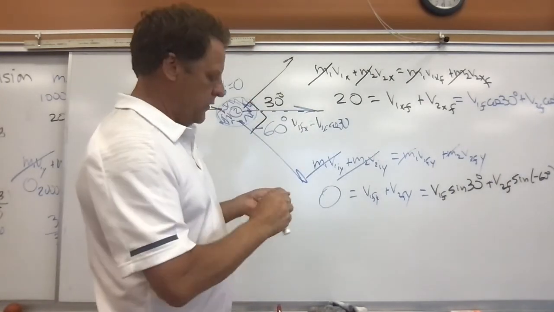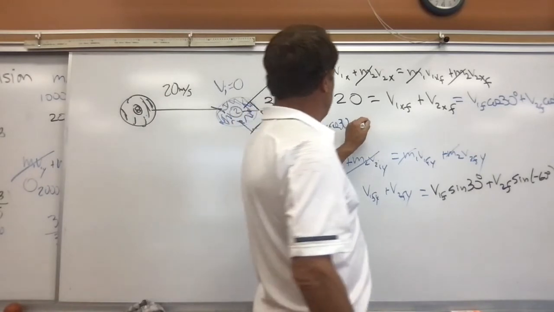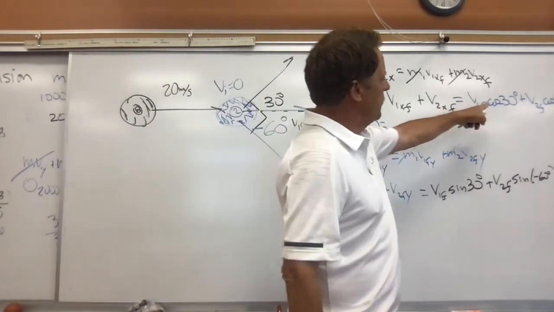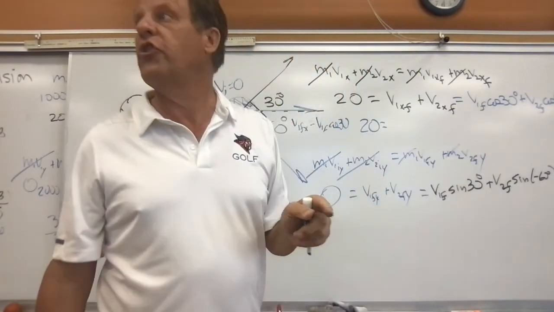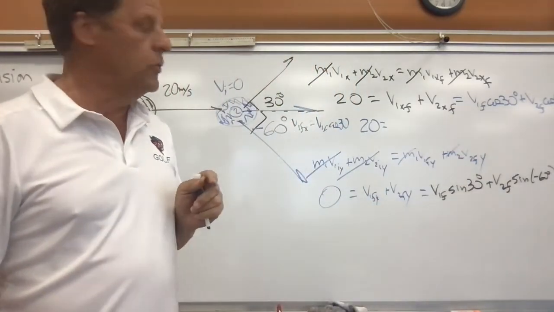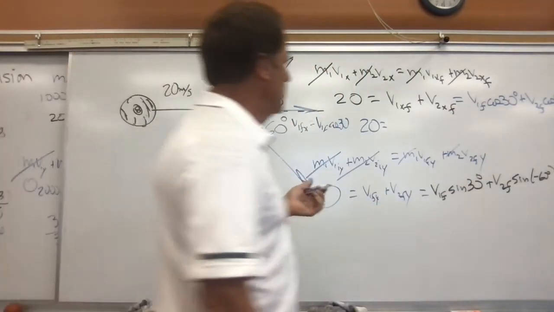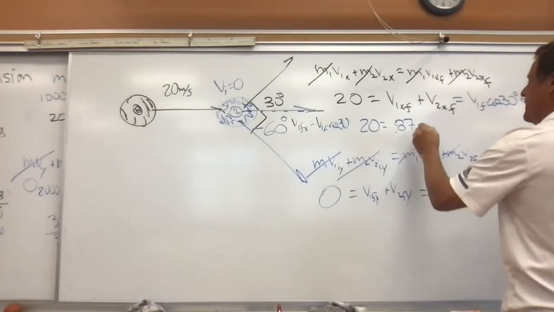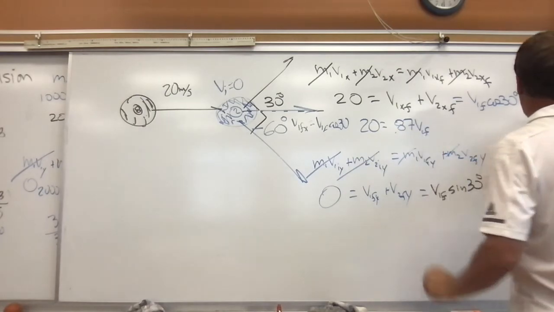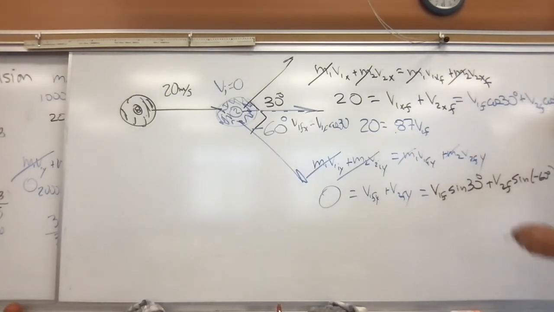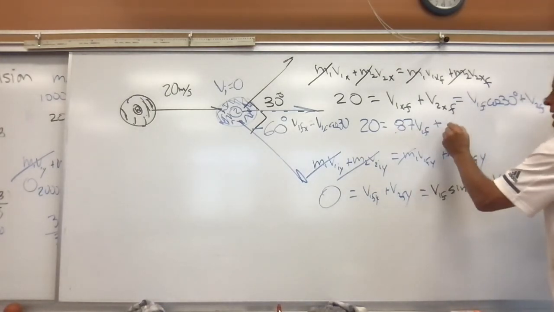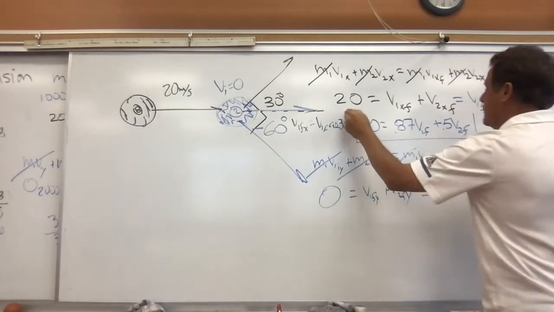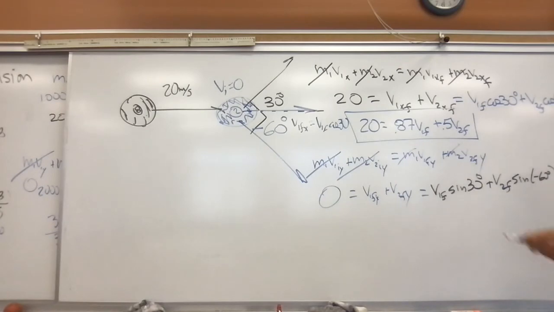So we can say on this top equation that 20 is equal to, the cosine of 30 is 0.87, so 0.87 v1 final. The cosine of negative 60 is positive 0.5 v2 final. So that's going to be one of our equations.